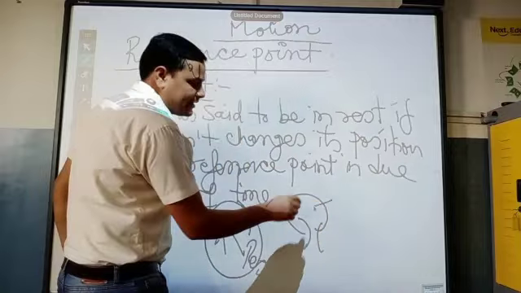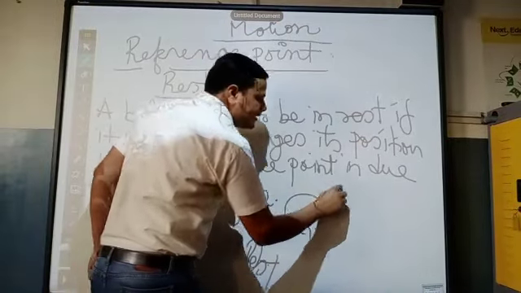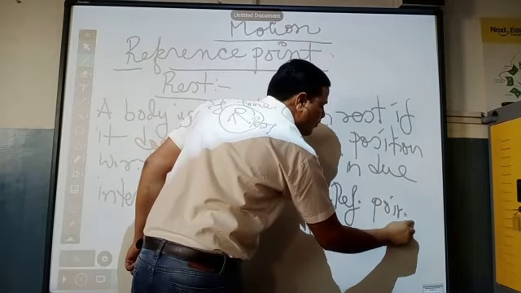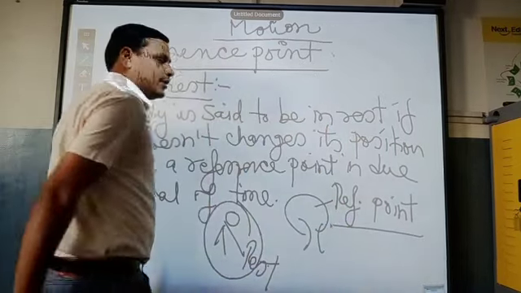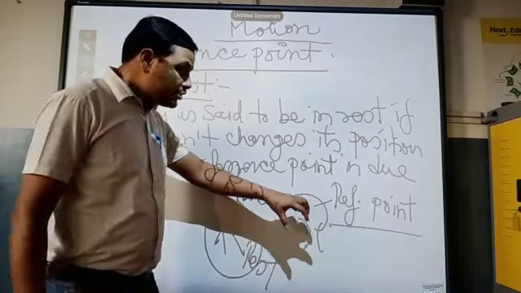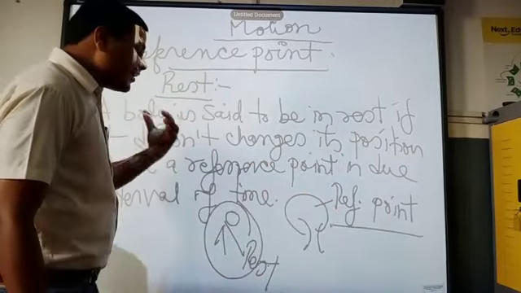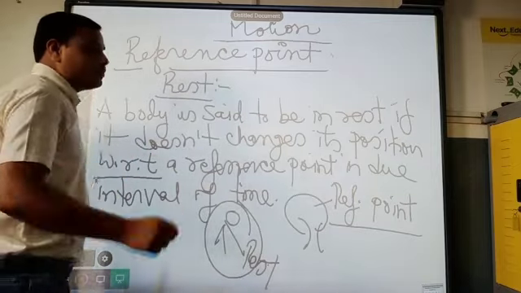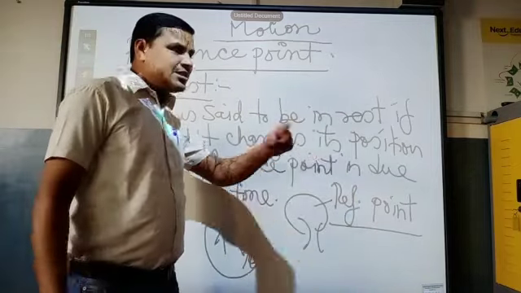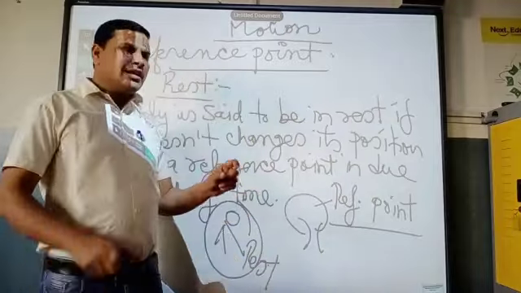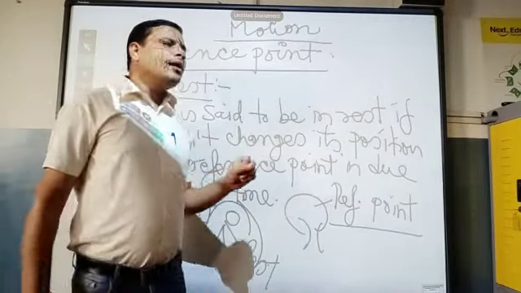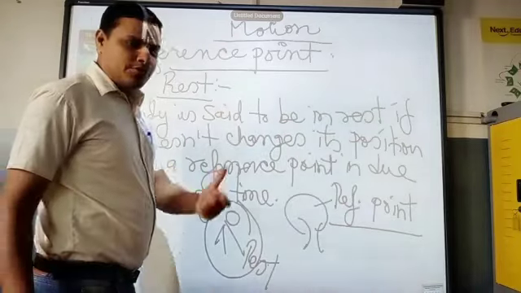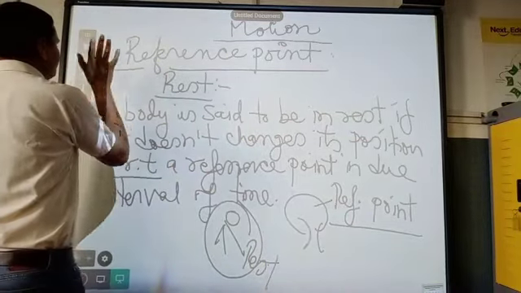In this case, this tree is considered as the reference point. So reference point is used to compare, and when you are comparing, you have to write with respect to. If you are not using a reference point, you cannot clearly define whether a body is in rest or motion. Now pause the video, write the definition.